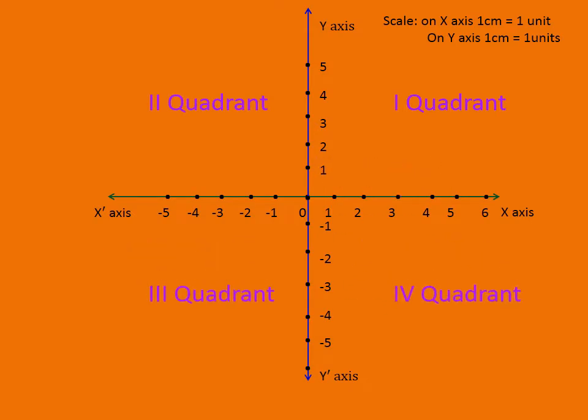When we draw the same on a plain paper or on a graph, the page of that graph gets divided into 4 parts. Each part is given a name, and now you can guess what a point belonging to those quadrants will have. That we will learn further.